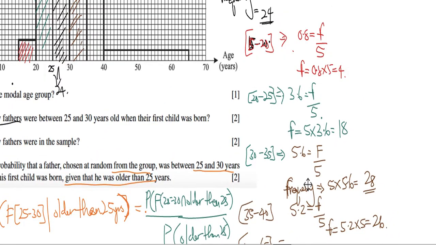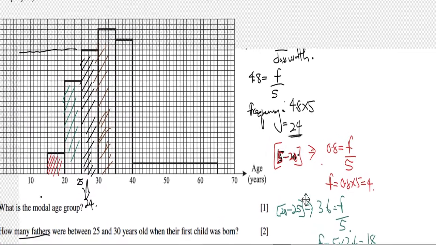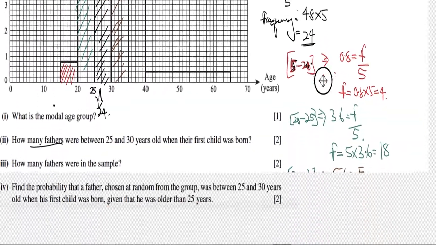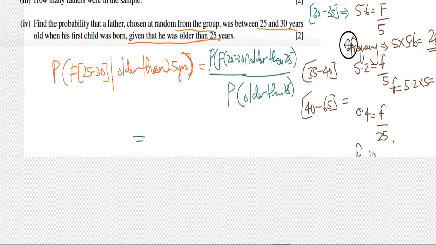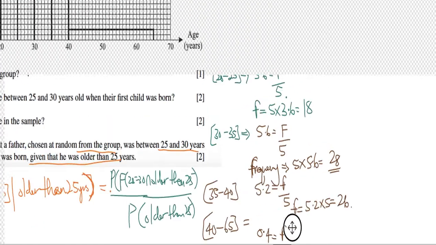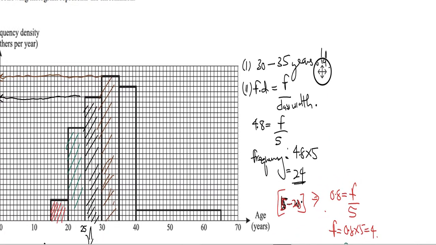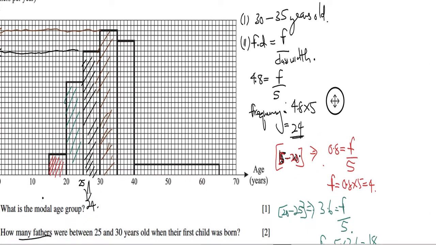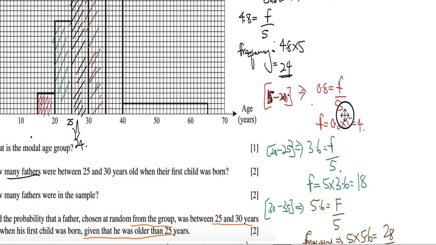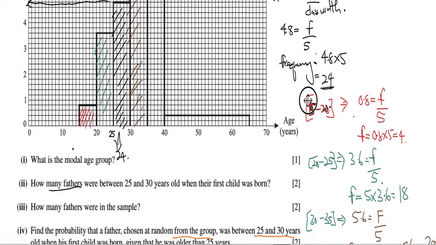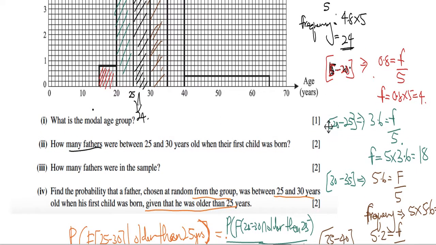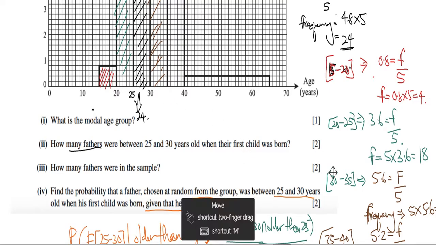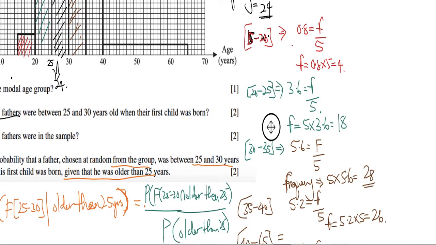For 25 to 30, we have 24. For 30 to 35, I have 28.